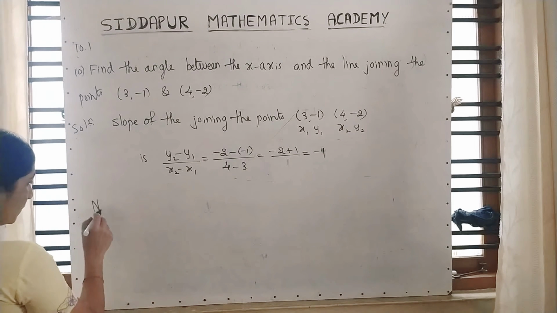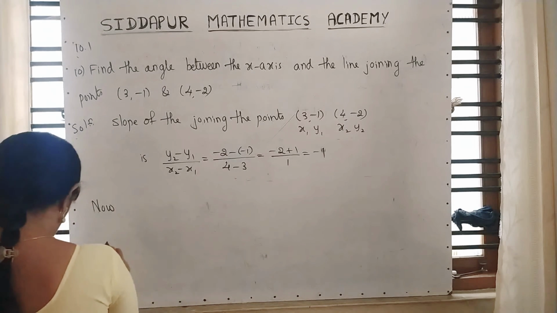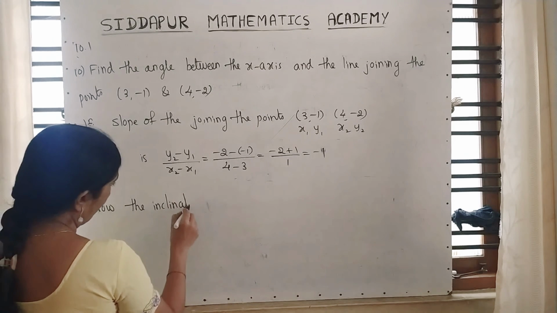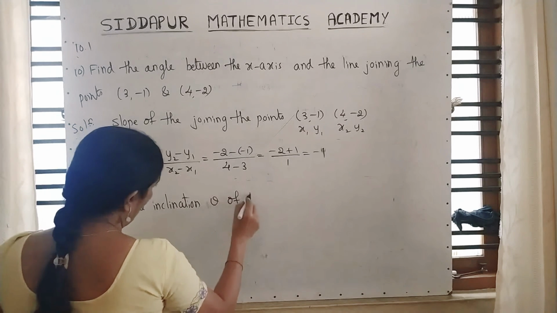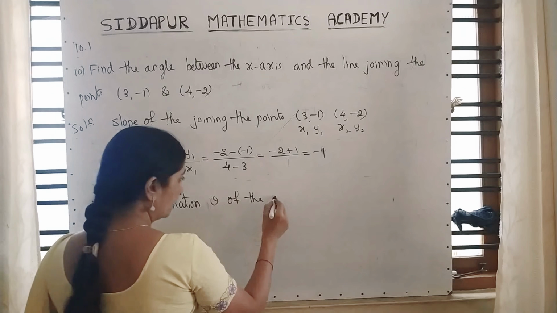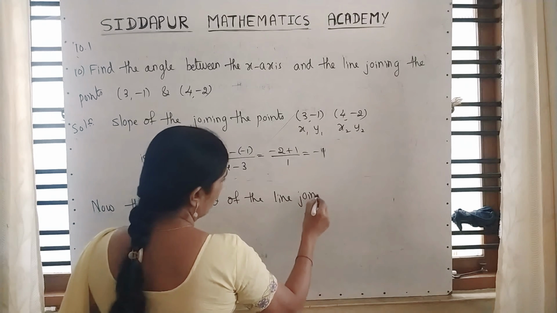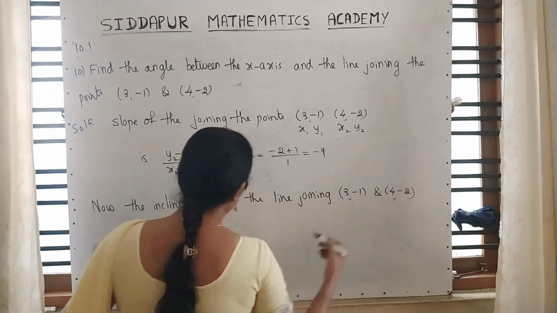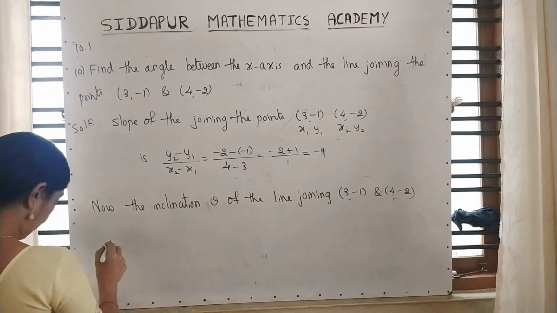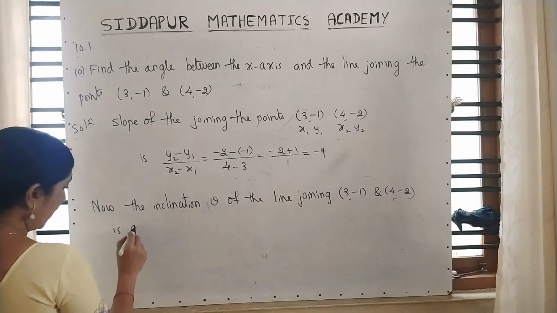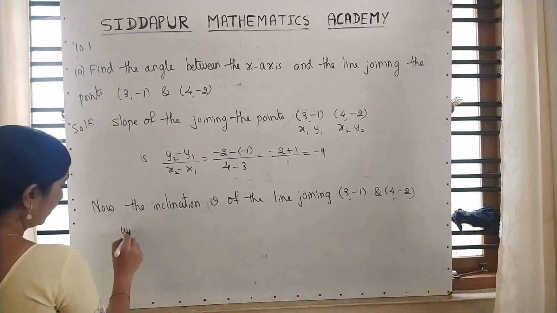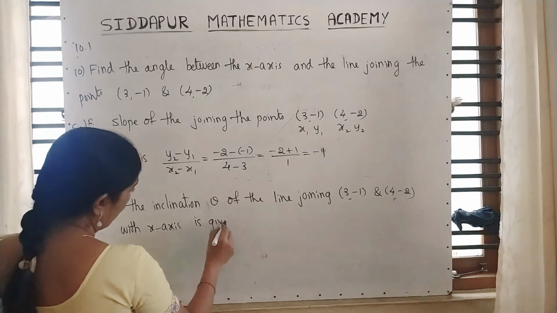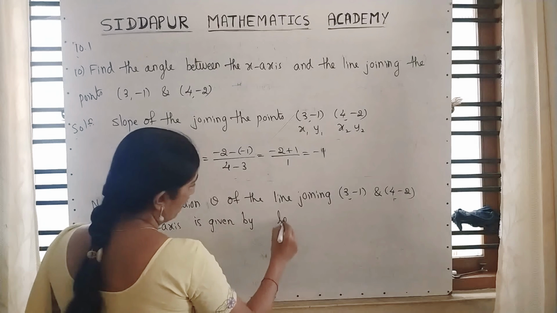Now slope is nothing but inclination. Now the inclination theta of the line joining (3, -1) and (4, -2) with the x-axis is given by slope, which is nothing but tan theta.